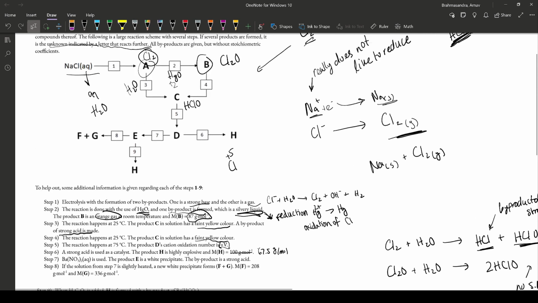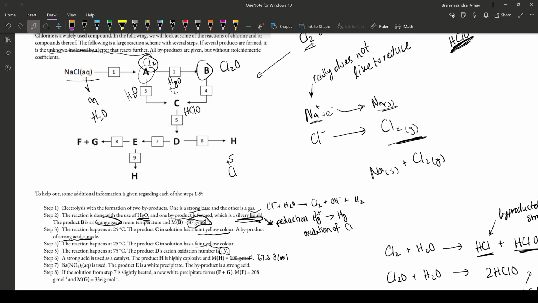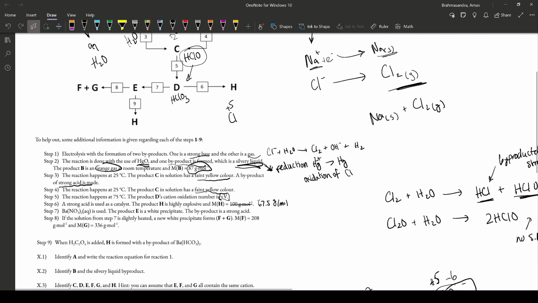So you can guess that step 5 is just going from HClO to HClO3, because we don't have any other counter ion except for a hydrogen ion. Now let's look at step 6.